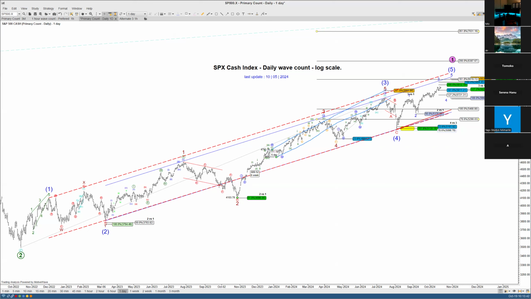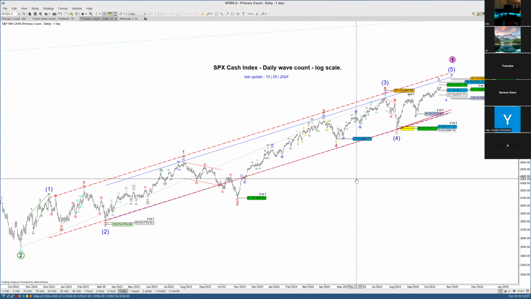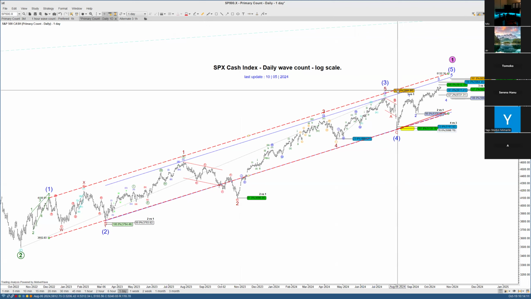You travel this much out of the channel on the way up. It's just not going to work that way. You have an extended 3. A third wave can extend insanely. So your third wave is right there.